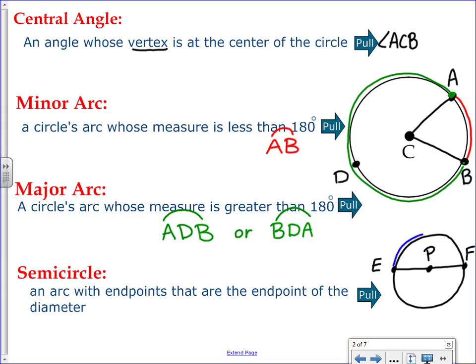So this would be a semicircle. So would the bottom. And hopefully you guys know that a full circle makes 360 degrees. So if we were to measure out half a circle, it's only 180 degrees. So we're going to use this idea now to talk about measuring these arcs.